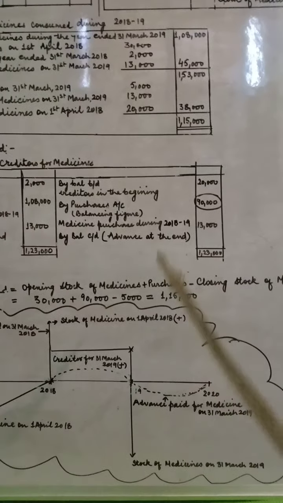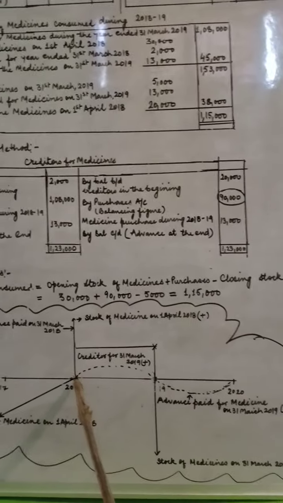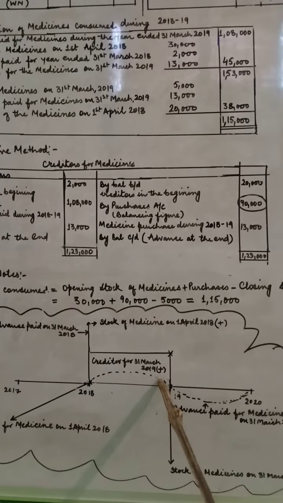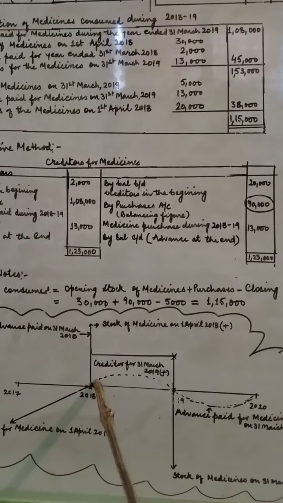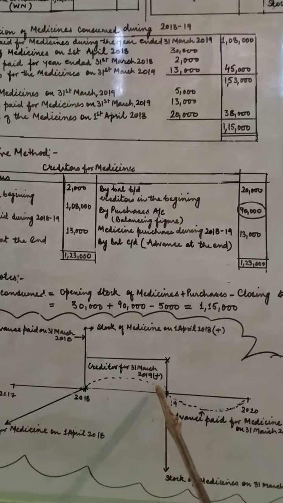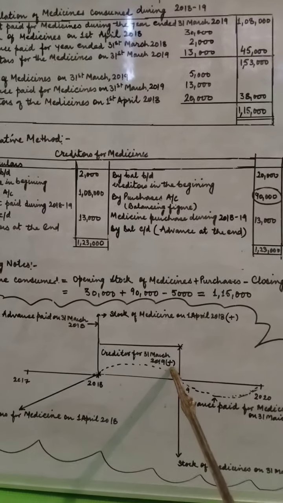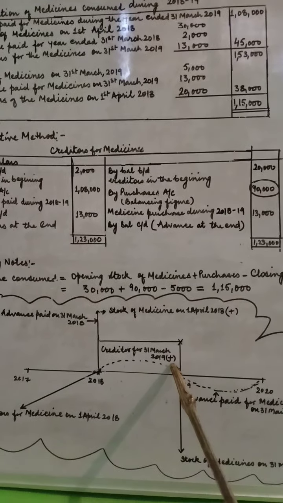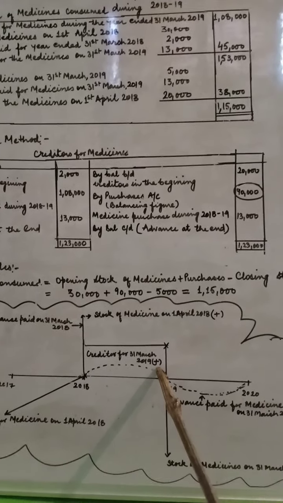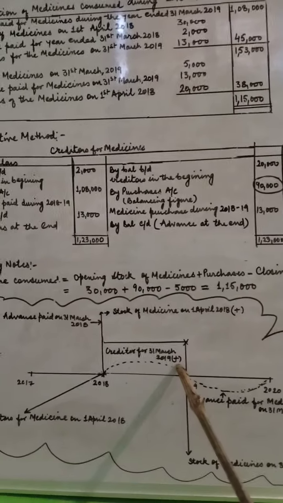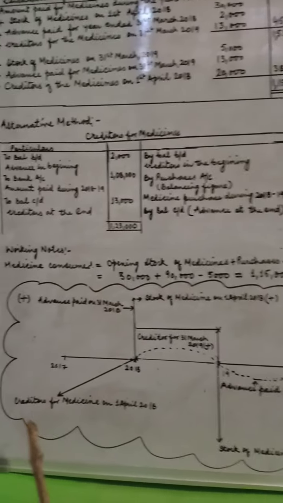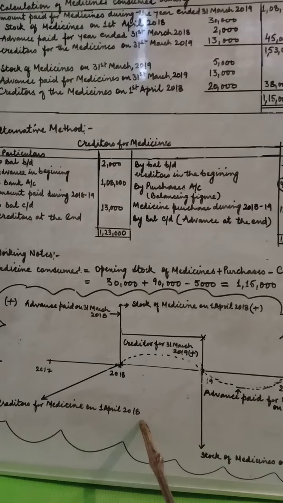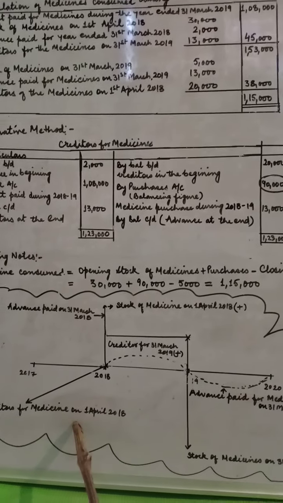The next one is the creditors. The creditor for 31st March 2019, that is also going to be plus because this is also the creditor for the current year. On the other hand, what item are we going to minus? See, the creditors for medicine on 31st March 18. It is going to be minus.